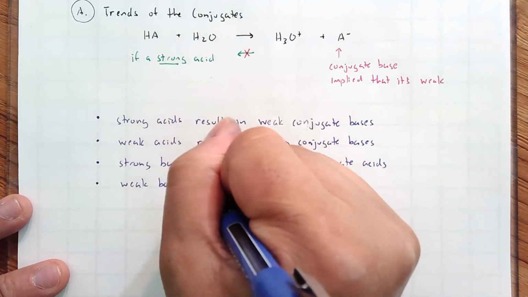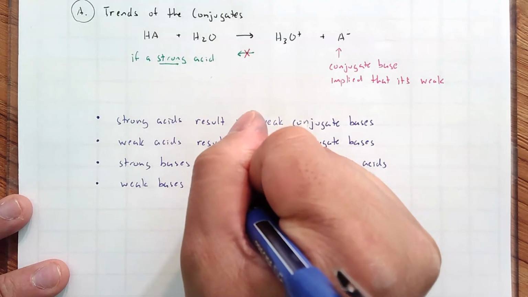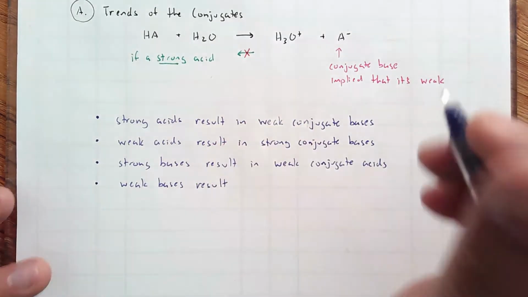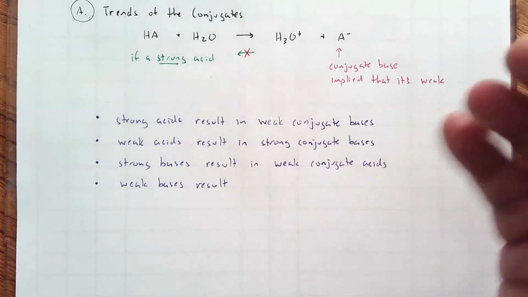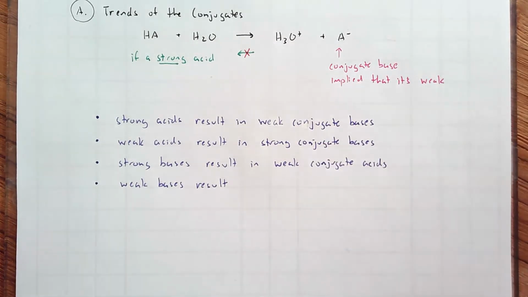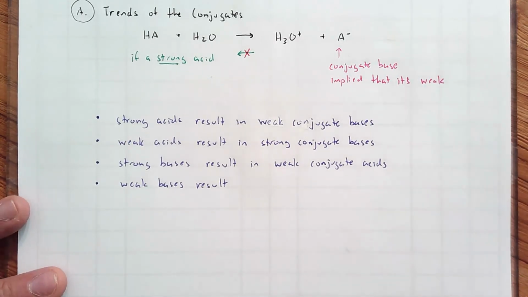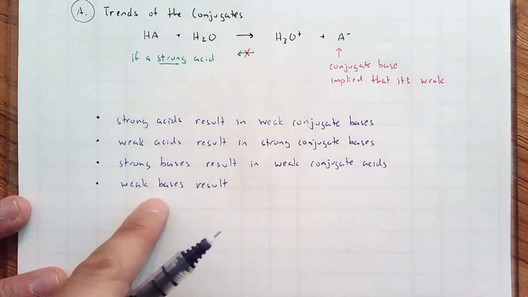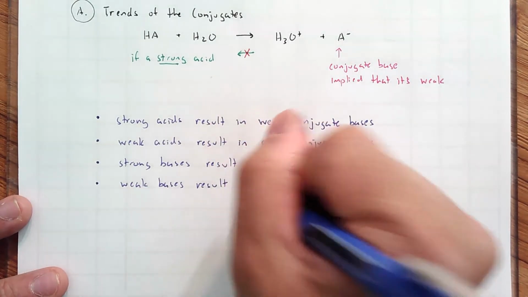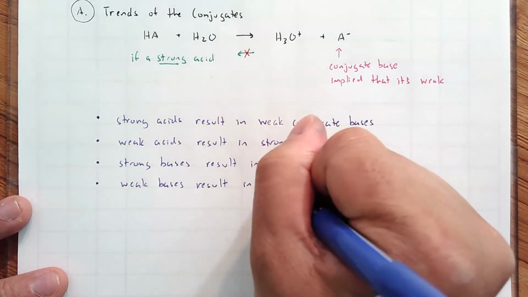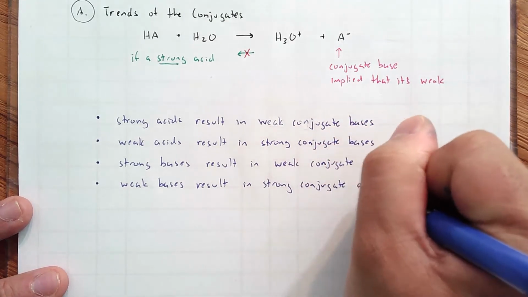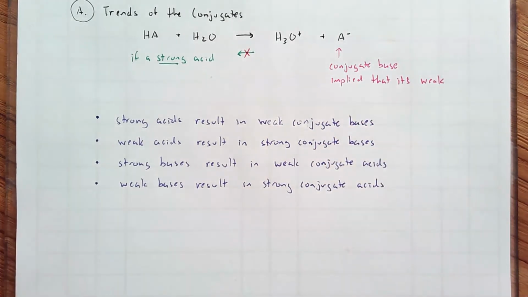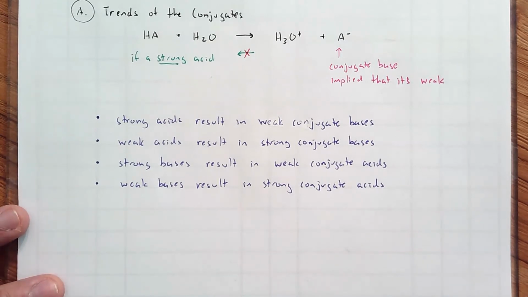For the most part, we are going to identify strong and weak acids and bases using the Kas and the Kbs. We'll get practice using those equilibrium constants. Okay, why don't we just jump into a problem?